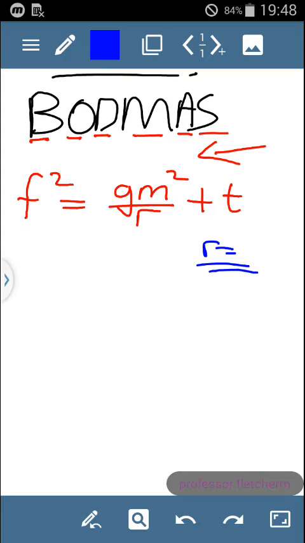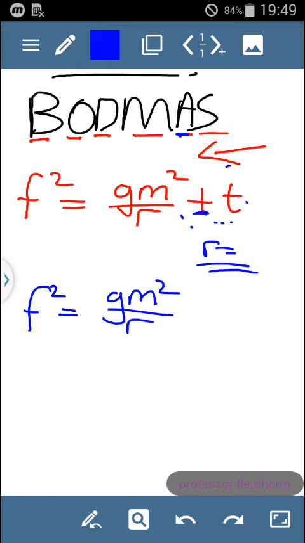In other words, we want to rearrange that expression such that at the end of it all we have r is equal to something, which includes an f, a g, an m, and a t. So according to our BODMAS, we can see that we have an addition there. There's no subtraction, but addition is there. So first of all, we need to remove this part, that part. So we're saying f squared is equal to gm squared over r plus t.